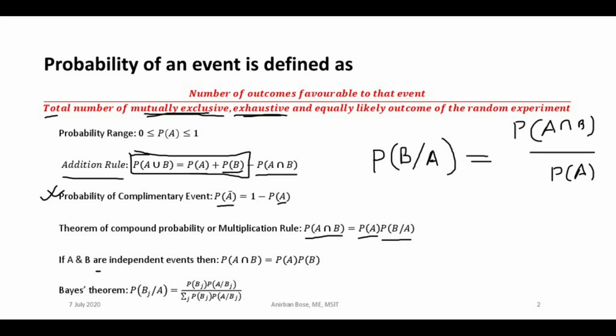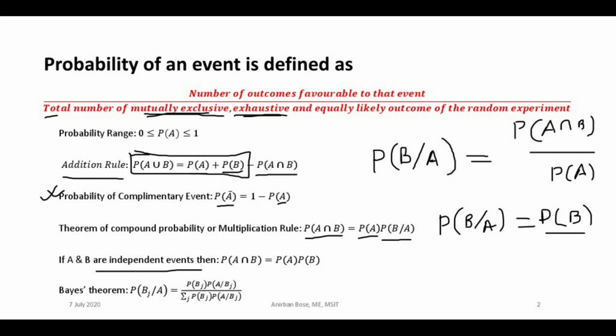Now see, if A and B are independent events, then probability of A intersection B is equal to probability of A into probability of B. Independent events means that probability of B given that A is the same as probability of B, which means that whether A has occurred or not, the probability of B is not going to change.